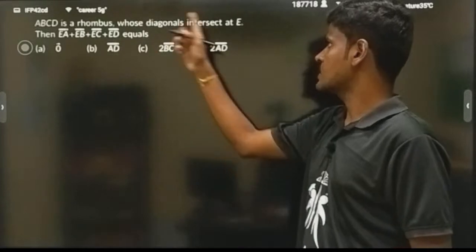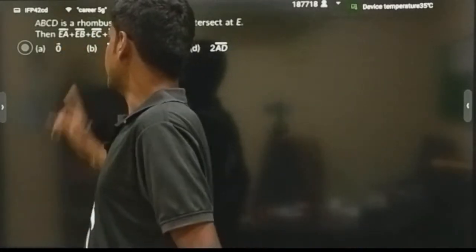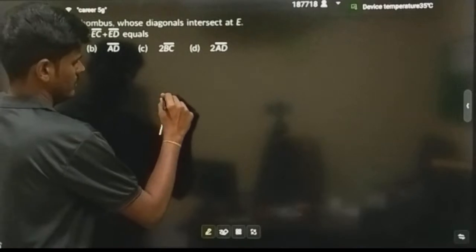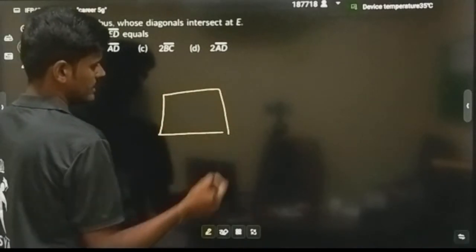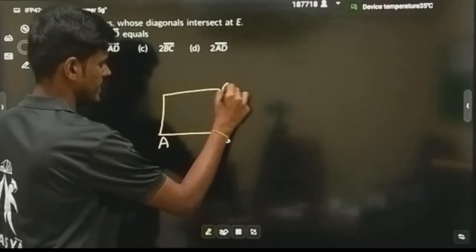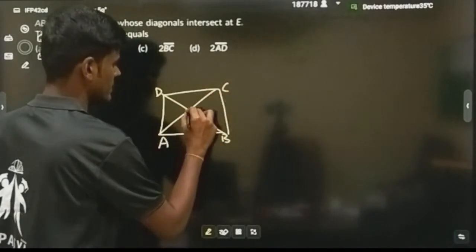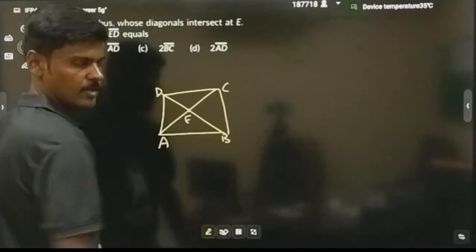ABCD is a rhombus whose diagonals intersect at E. Then EA plus EB plus EC plus ED vector is given by what? Let's take this as a rhombus.